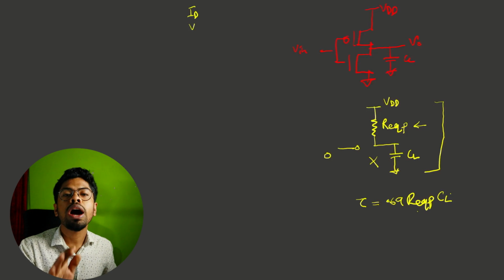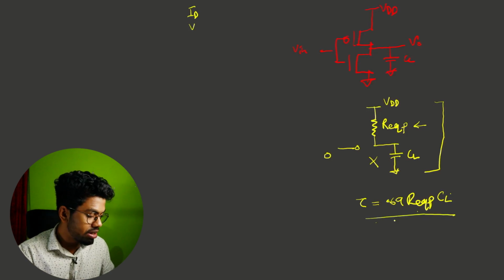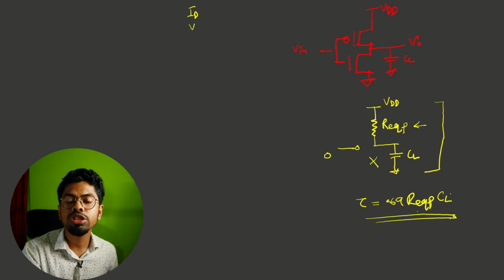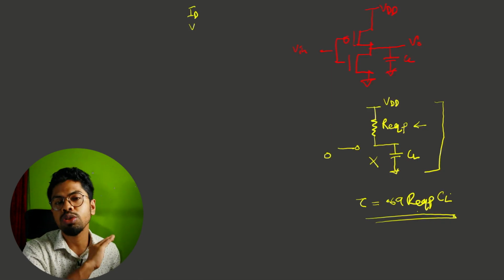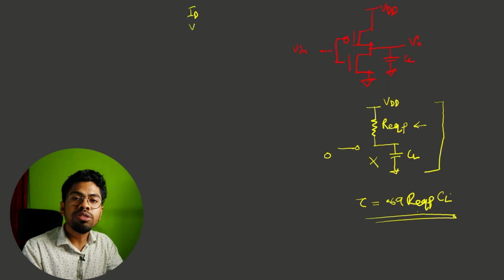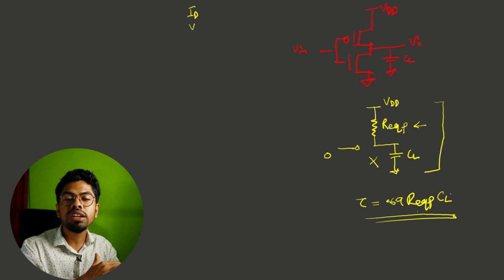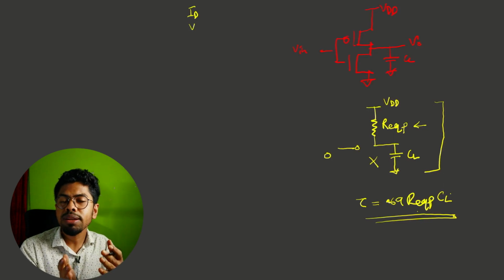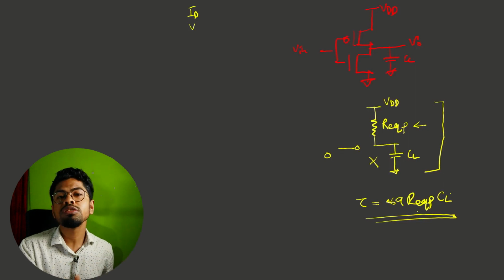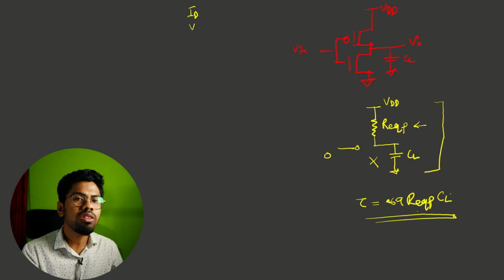Now many of you probably don't remember this formula. It's all okay, you don't need to derive it right this moment. You are going for an interview, not an exam, so no need to derive it. Probably your interviewer might ask some question around it if he is interested in the analog domain. But for a digital profile, he will probably just skip, or if you say no, I can't remember it right now, it's all okay.